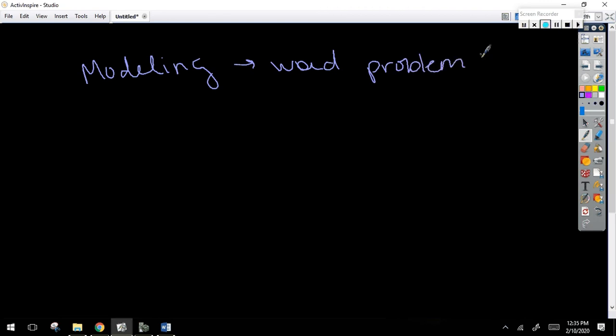Modeling is just another word for word problems. Do y'all remember? One of the pizza places used to do square pizzas. Y'all remember that? Do they still do it? Somebody did square pizzas.